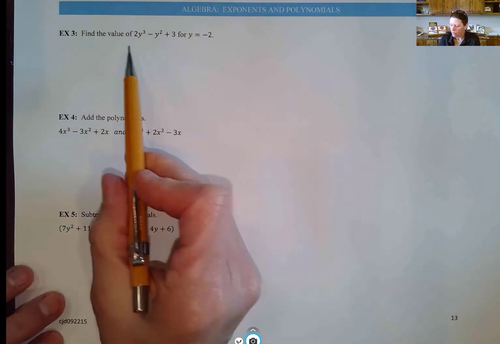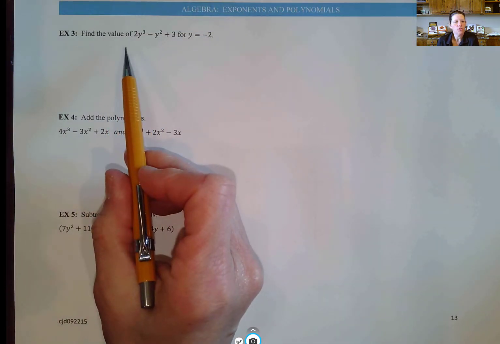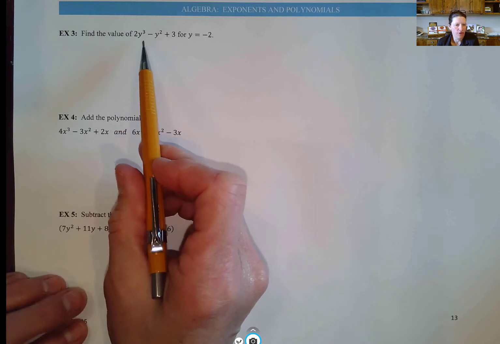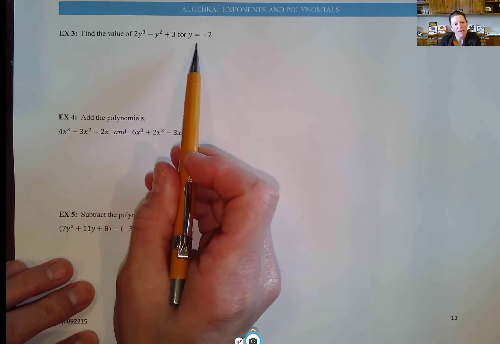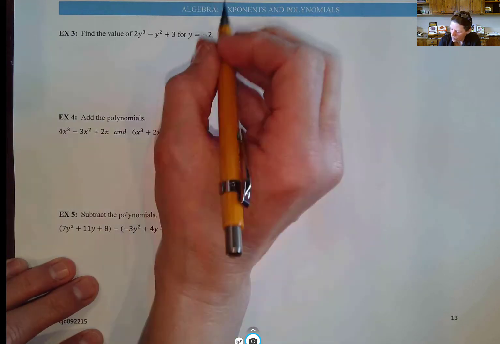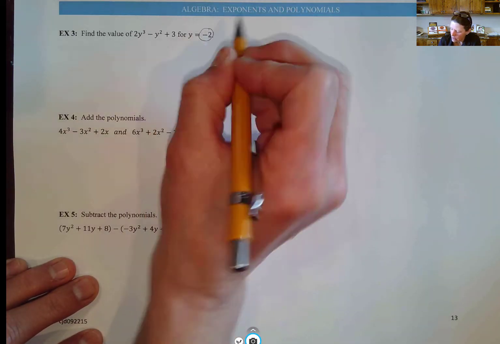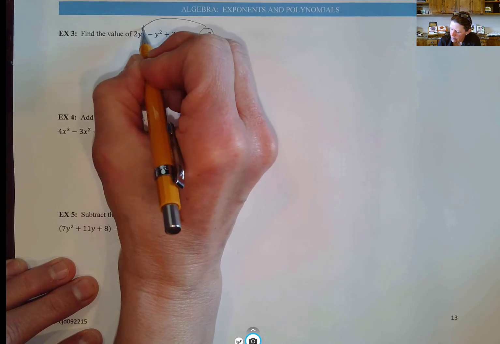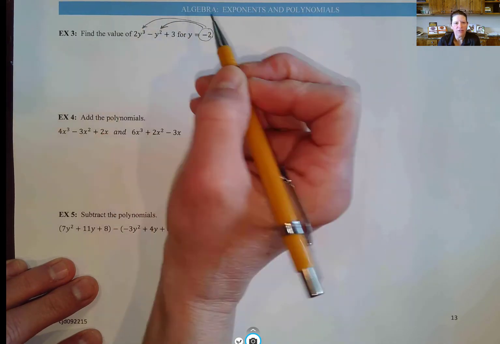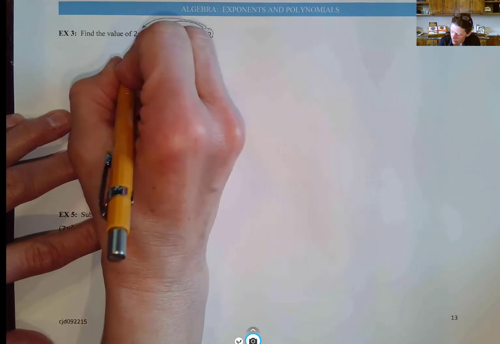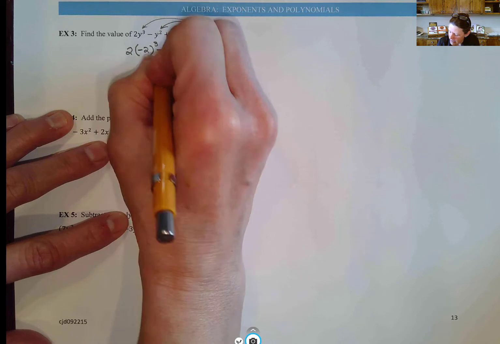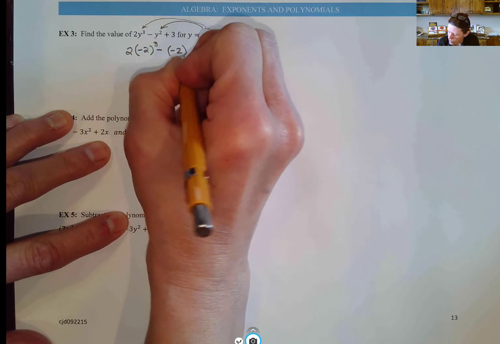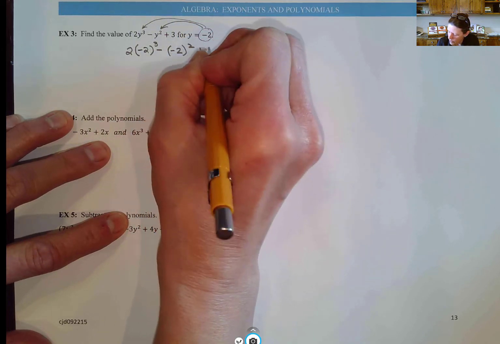In example 3, we're going to find the value of 2y to the 3rd minus y squared plus 3 for y equal negative 2. So we're simply going to substitute negative 2 for y into this expression and evaluate. So this becomes 2 times negative 2 to the 3rd minus negative 2 squared plus 3.